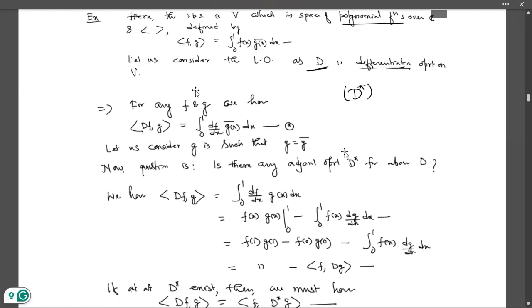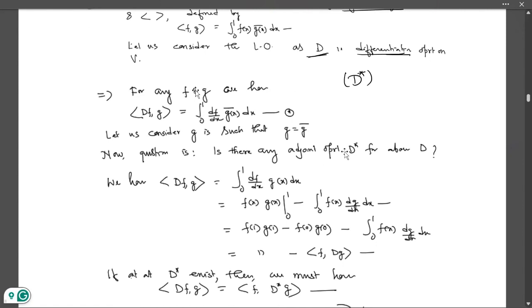And what are the conditions under which we can calculate it? So first we wrote in this link the defining relation of D star. So we should get something like D star g, for every f and g in the polynomial space.